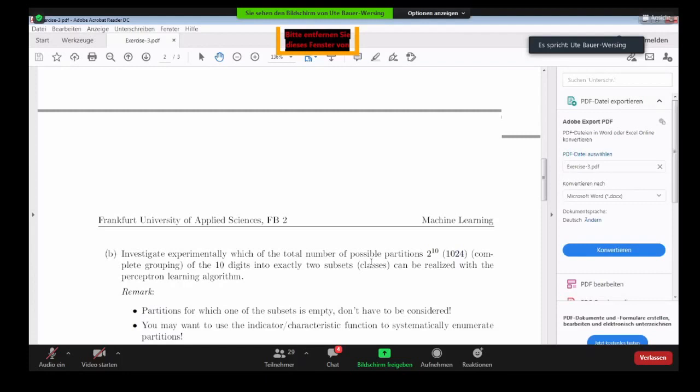And we talked about how to do it technically, because you have to enumerate all these partitions. There are 2 trivial partitions, having all the digits in one set and no digits in the other set. These are the trivial partitions, and of course this is not a classification task. So it's 1022 different partitions that had to be tested here, right?